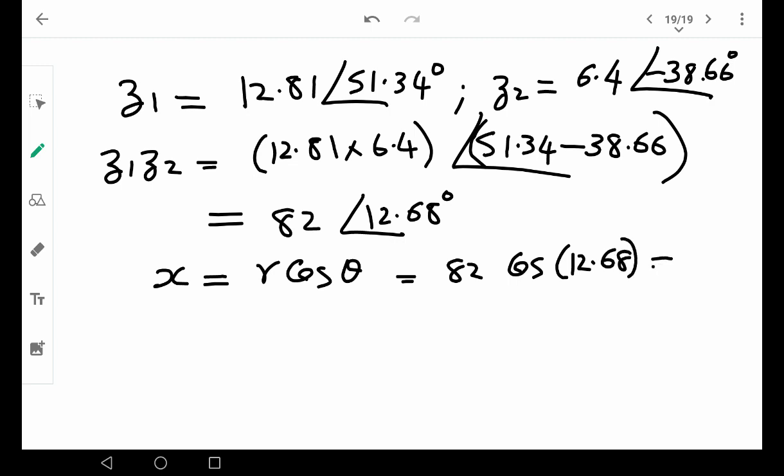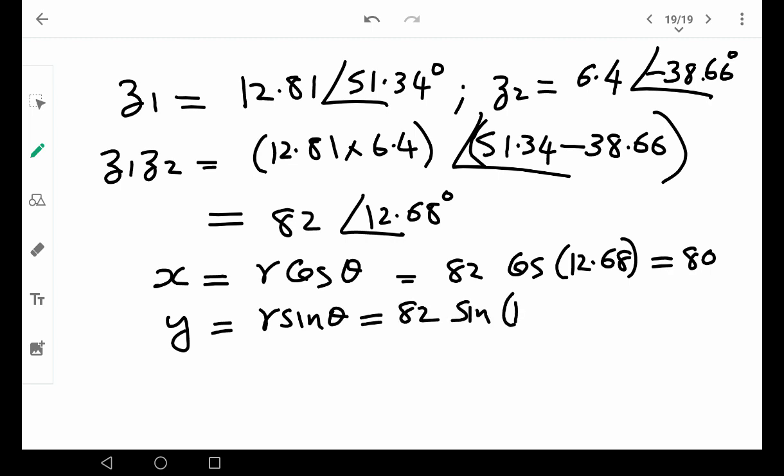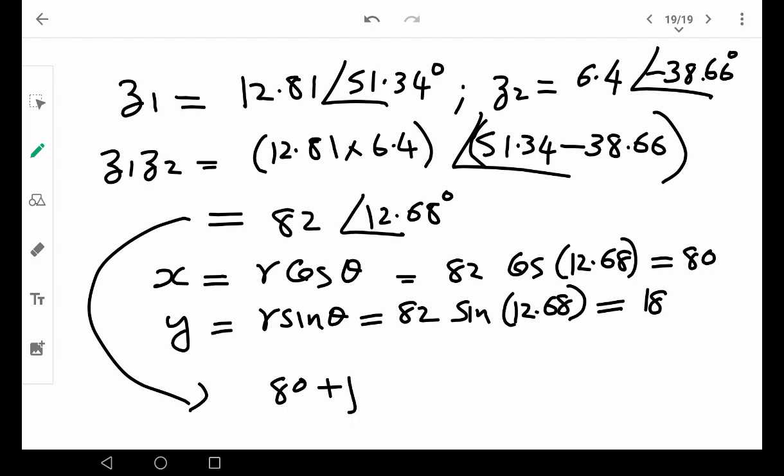So it will be 80. y equal to r sin theta equal to 82 sin 12.68 equal to 18. So you can write this also in this form, 80 plus j18, that is z1 z2.